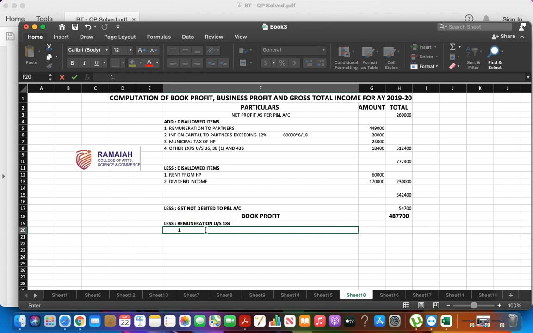So number 1, remuneration under section 40B. Okay. First condition, see the book profit is more than 3 lakhs. Correct? It is more than 3 lakhs. So both the conditions will be applied. So first condition.